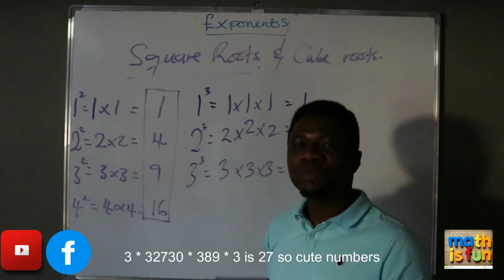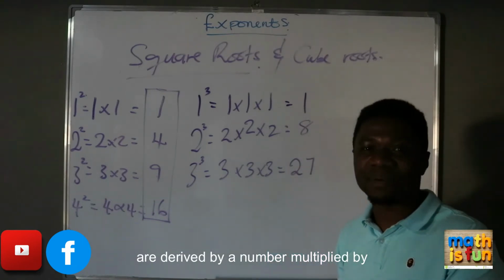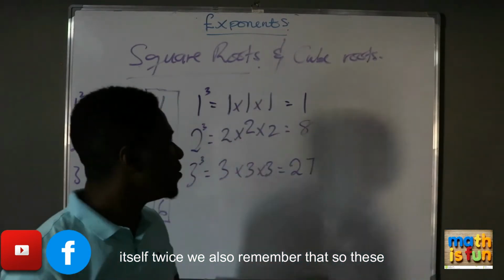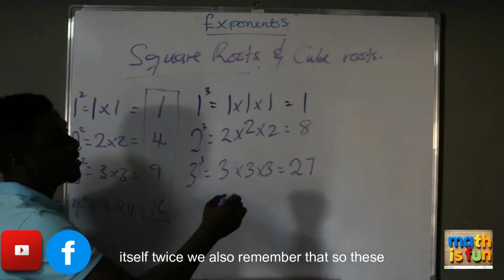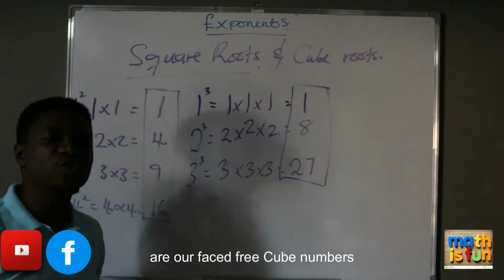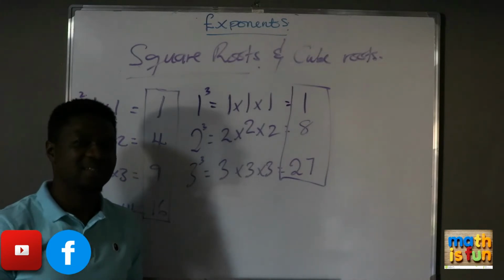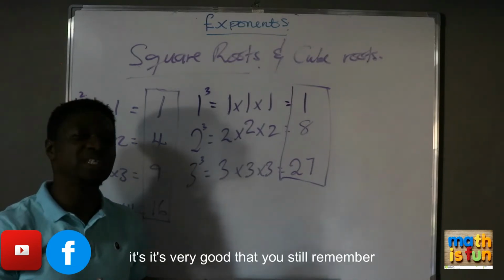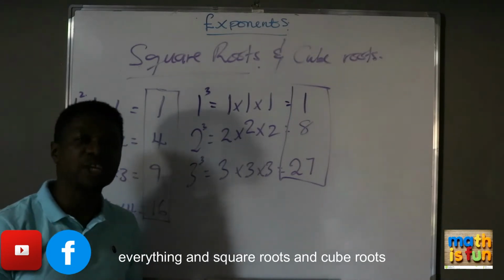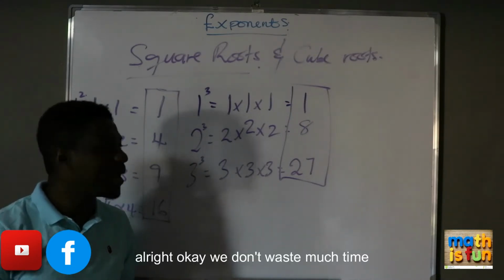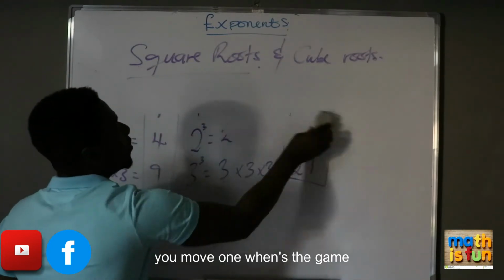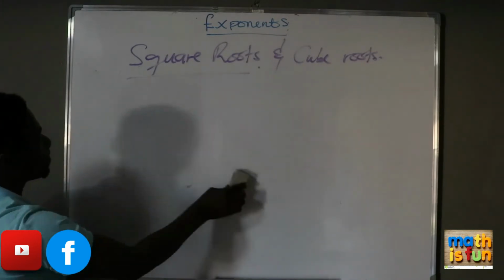So cube numbers are derived by a number multiplying itself twice. We also remember that. So these are our first 3 cube numbers. It's very good that you still remember everything under square roots and cube roots. All right. Without wasting much time, we'll move on once again.